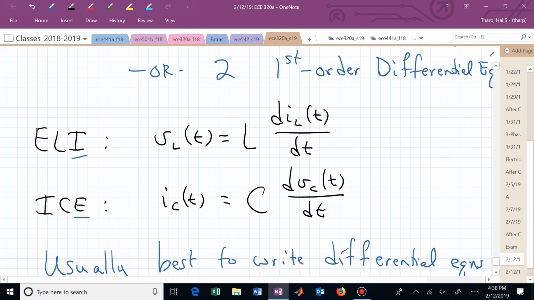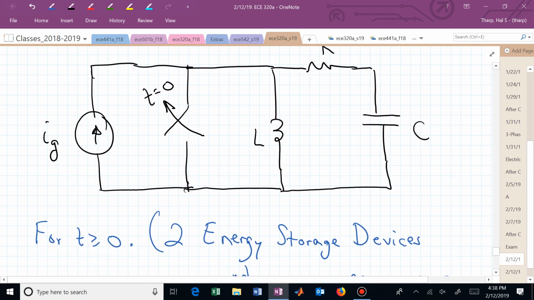If that's the case, we might come back up here and say, here is I sub L of t, and here is V sub C of t, and how can I now use those to my advantage?